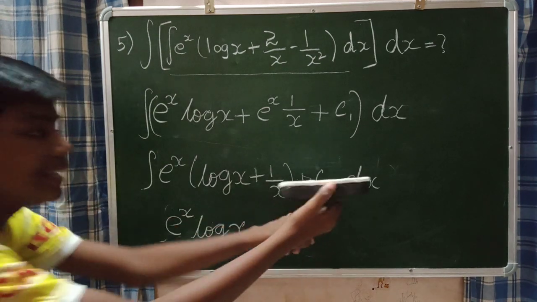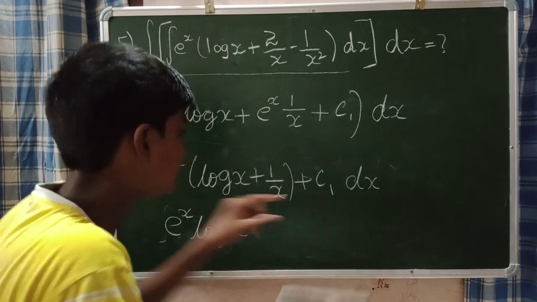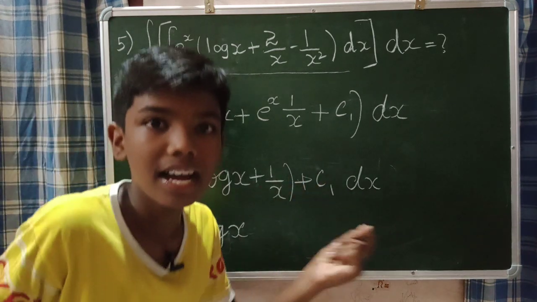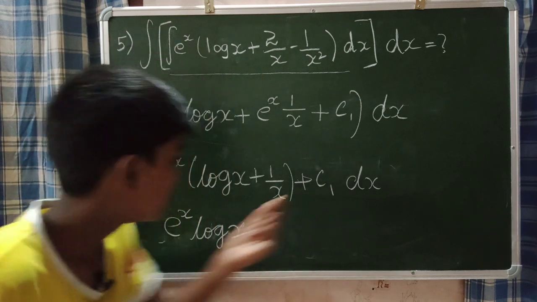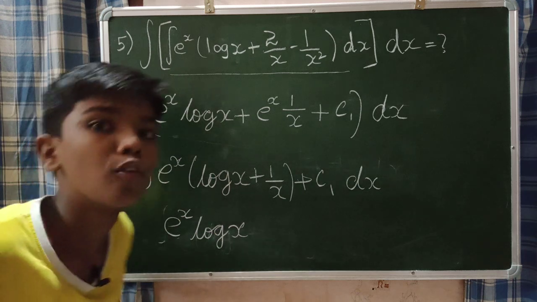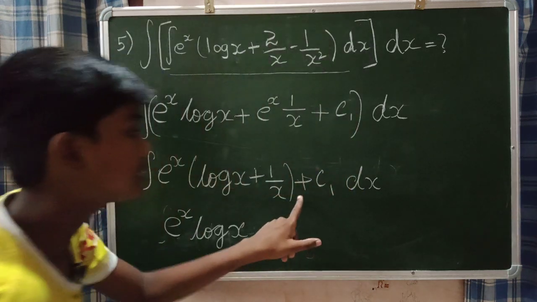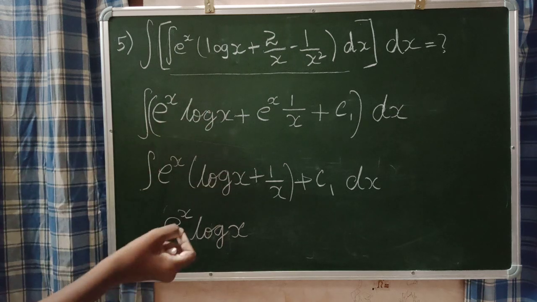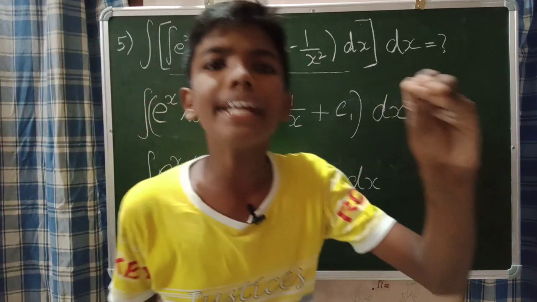Now you need to integrate the c1, guys, because we just integrated this log x plus 1 by x only, by the formula that I told. But we need to integrate the c1, na? The c1 is left out. So plus c1, you need to integrate the c1. What is integration of c1? That is c1 into x.